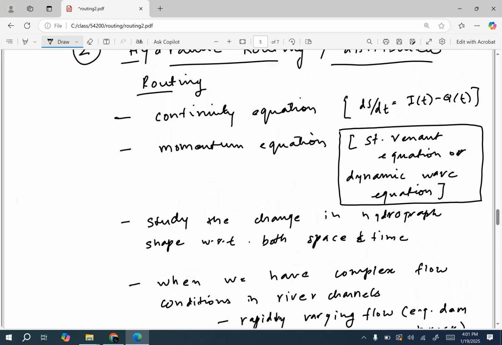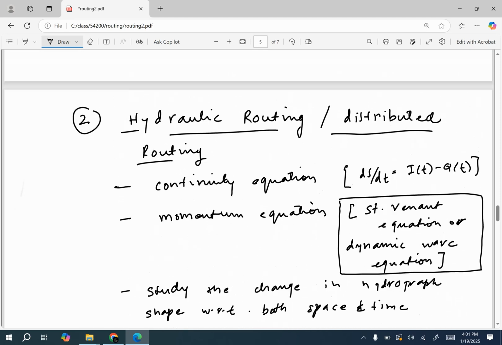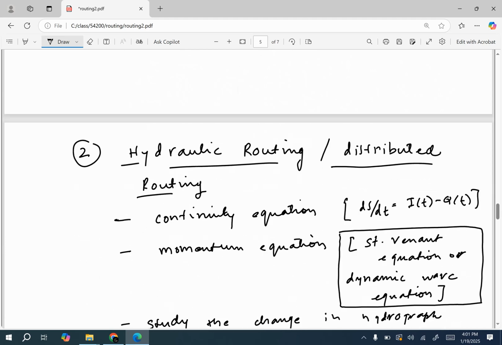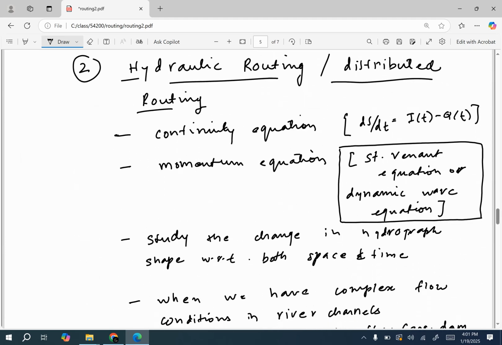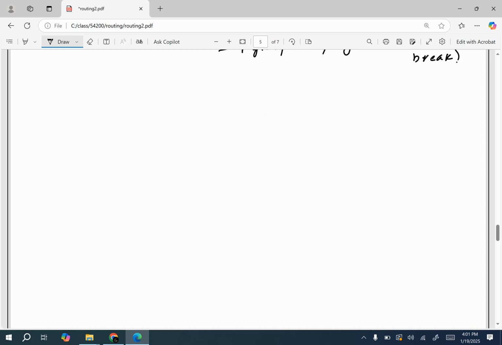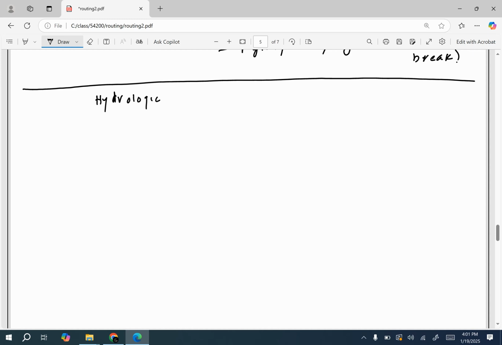So there are two methods. One is hydrologic or lumped routing, and the second is hydraulic or distributed routing. As I said, in this class we will only be focusing on hydrologic routing. There are many methods, but in this class we will only focus on three hydrologic routing methods.